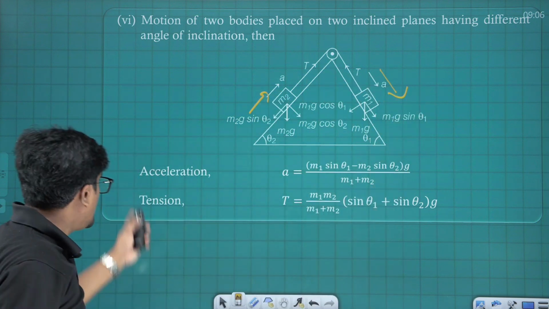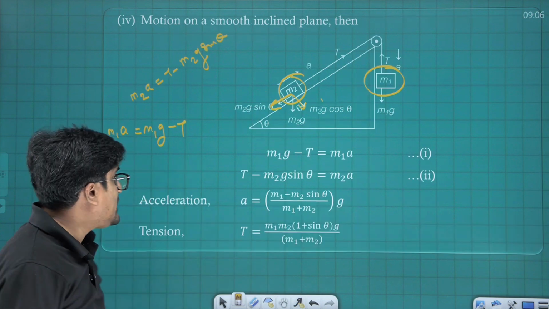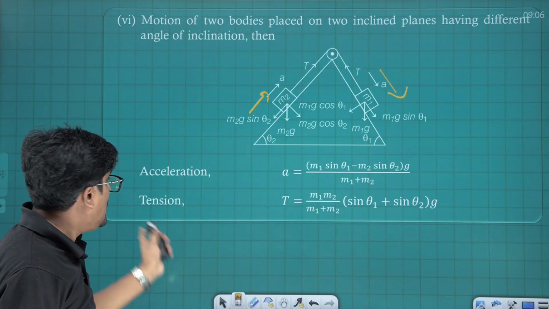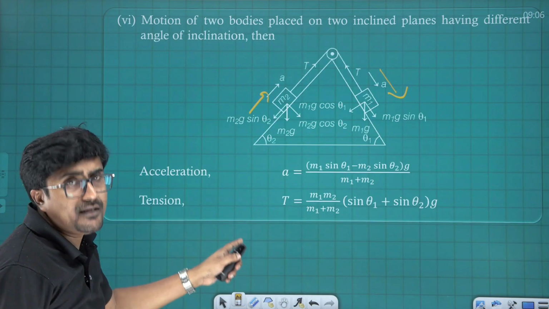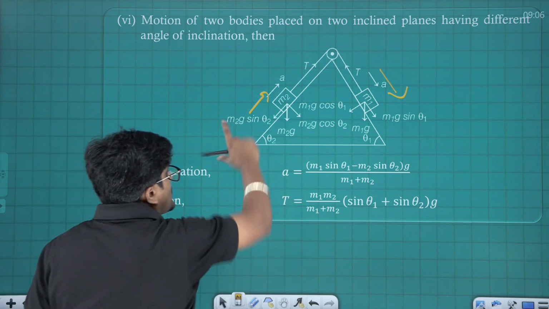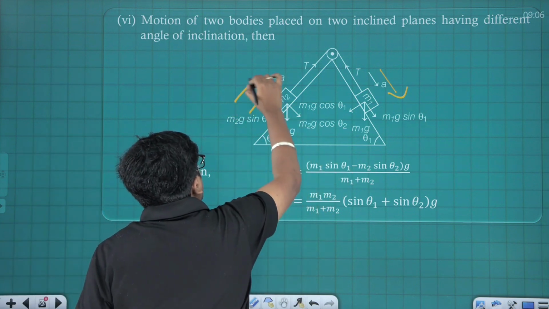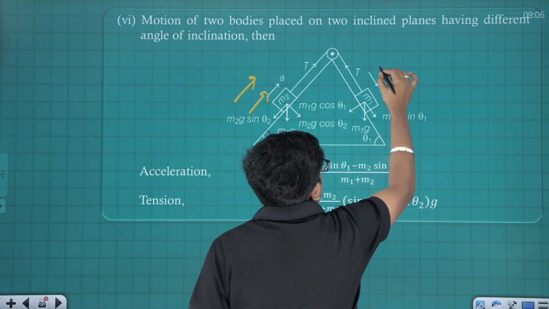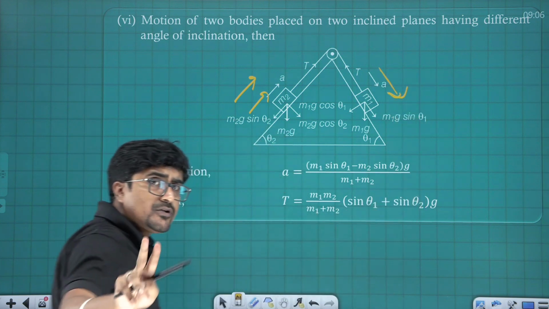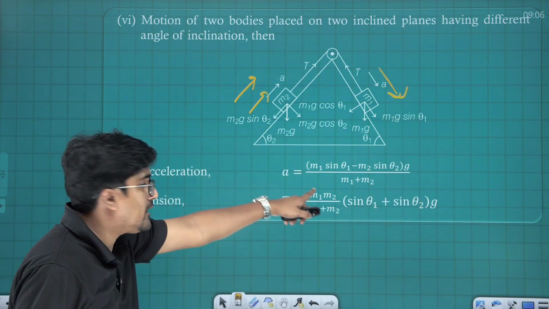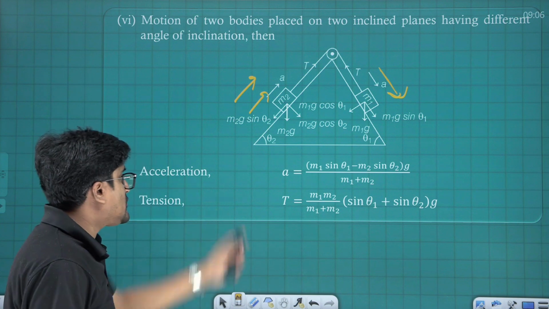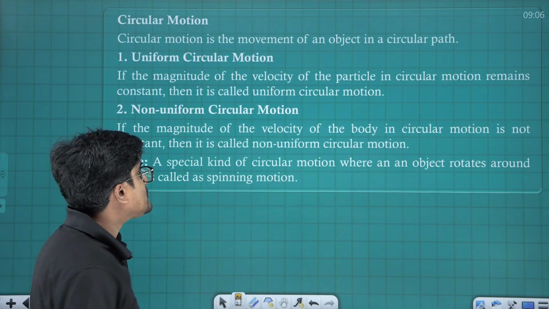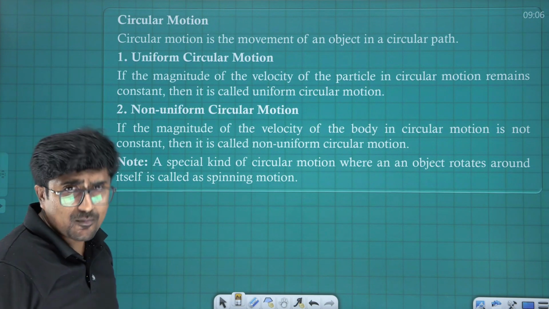Solve these equations and you will get the expression for acceleration as well as tension. It is the same technique that we used earlier. I repeat, resolve the forces and apply them along this direction as well as the downward direction. You will get two equations; just solve them and you can reach the expression for acceleration as well as time.